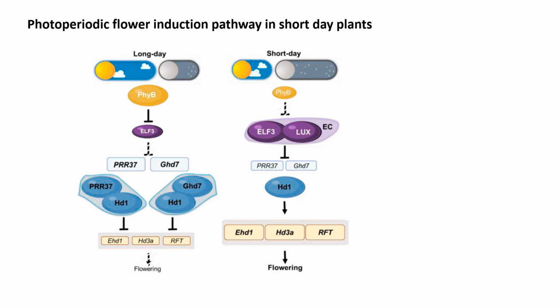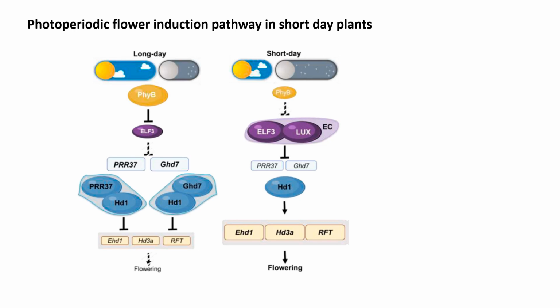As in Arabidopsis, the FT proteins move from leaves to the shoot apical meristem to induce flowering. HD1 activates HD3A transcription under short day conditions but represses it under long day conditions. The accumulation of the PFR form of phytochrome B leads to an inhibition of the clock component ELF3 under long days, but not under short days.